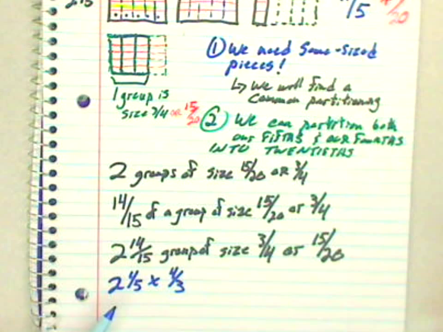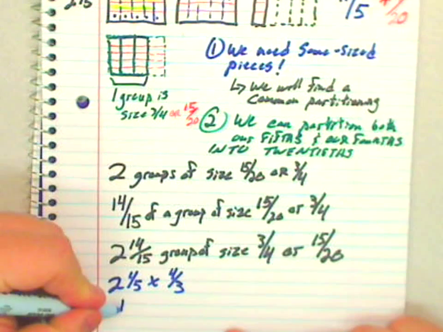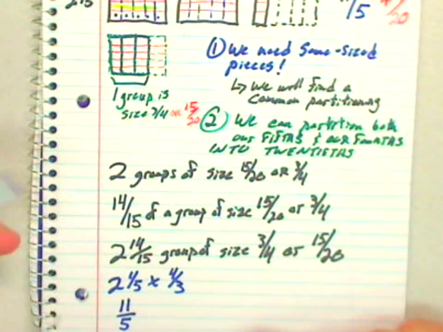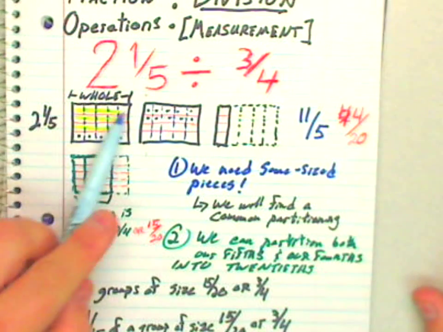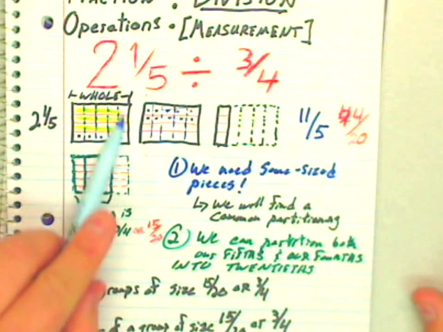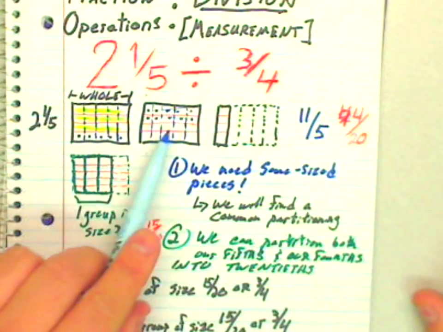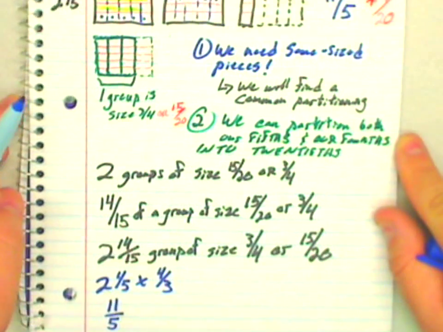Well, we know if we're going to multiply these two terms, the easiest way is to make this into an improper fraction. So 2 times 5, that's 10, plus the 1, that's 11/5. And we now know why that's 11/5, because we saw it up here, right? We took our two wholes and partitioned them into fifths originally, and we found we had 5, 10, and then another 1, that's 11/5.